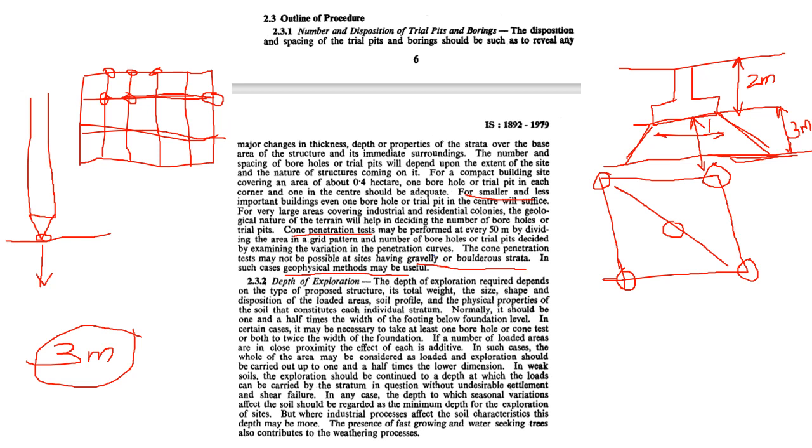So what happens? Your code will recommend that if this is a square footing of width b, then your depth of exploration should be 1.5 times b. Okay, 1.5 times b. So that much depth should be considered below the footing, and you have to see that at that particular depth, that is 1.5 times b below the footing, you have sufficient bearing capacity.